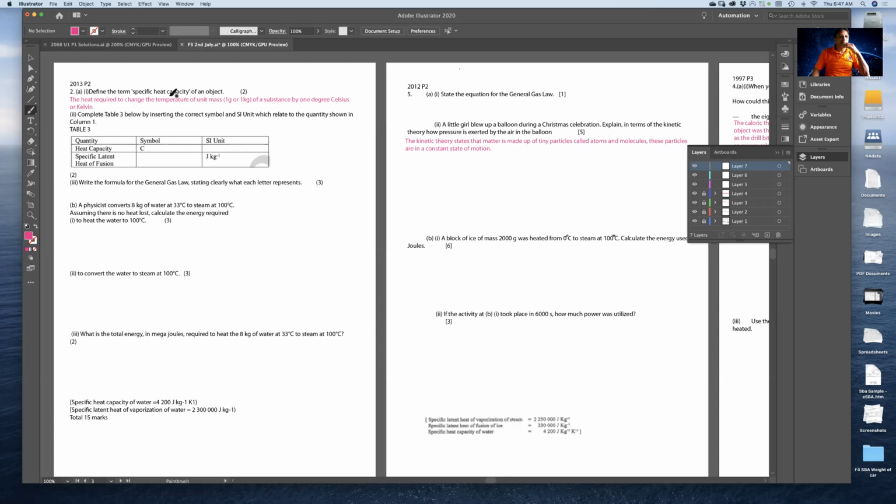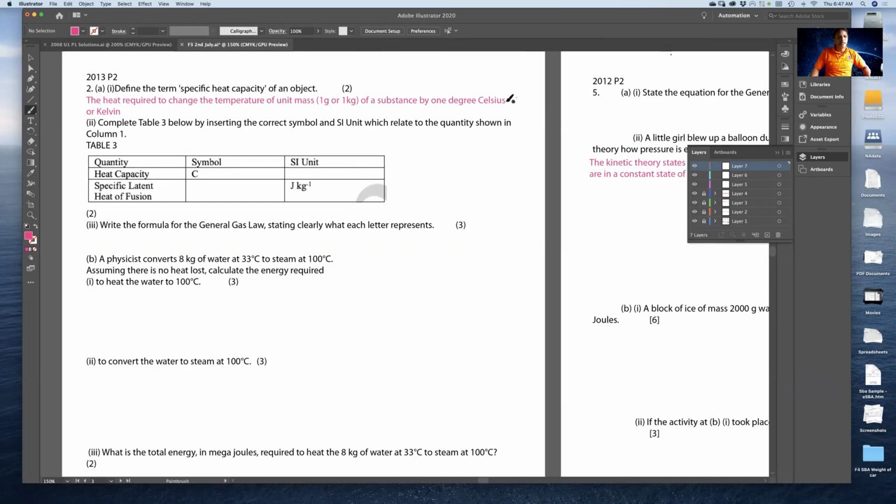So firstly, the first part of this question says, define the term specific heat capacity. And we know the definition of specific heat capacity is the heat required to change the temperature of unit mass, being 1 gram or 1 kilogram, of a substance by 1 degree.